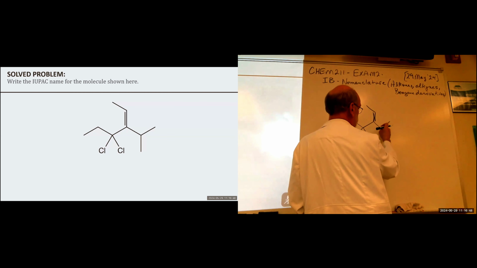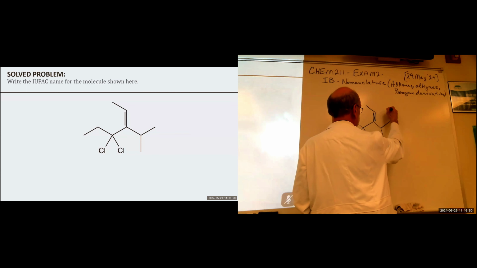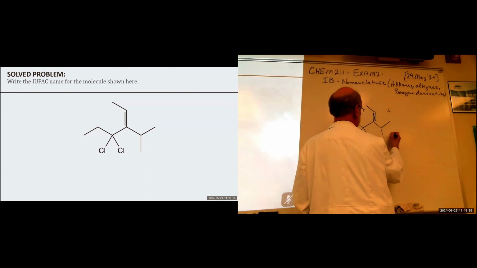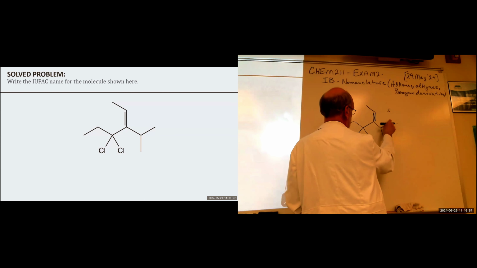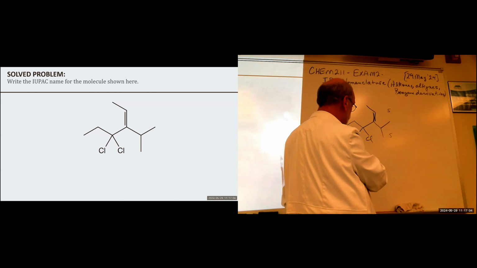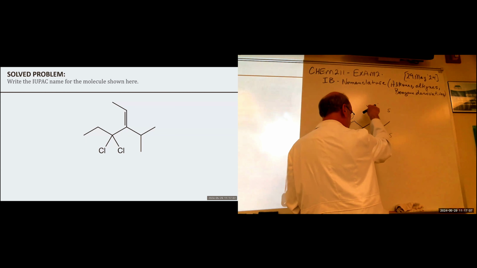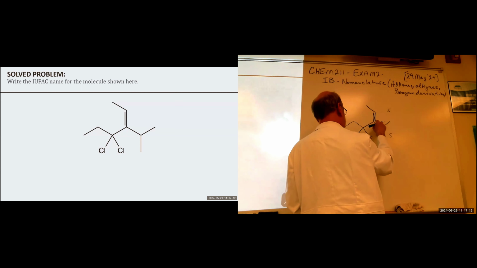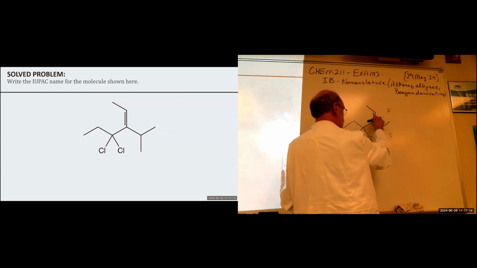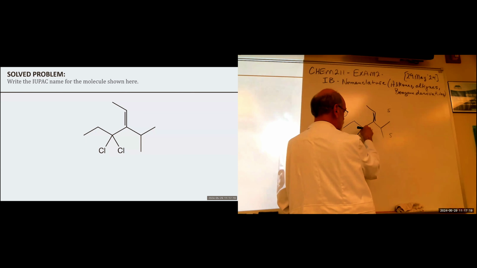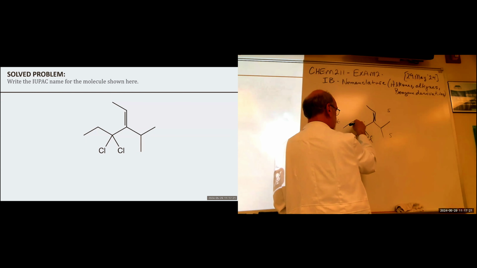So we could either go 1, 2, 3, 4, 5, or we could go 1, 2, 3, 4, 5, 6. The reason I started up here is to be sure I got that one in there. If I started over here, then I'd have to go that way, but if I go this way, then I've already been that way with 5. Go this way, it makes 1, 2, 3, 4, 5, 6.